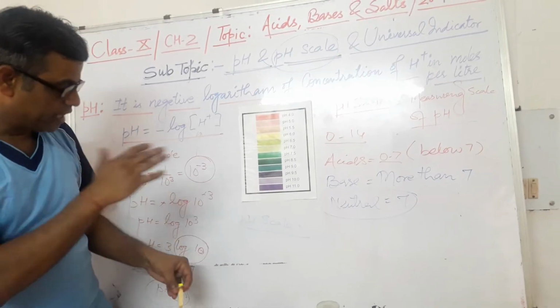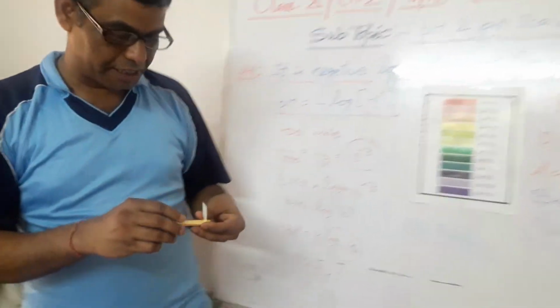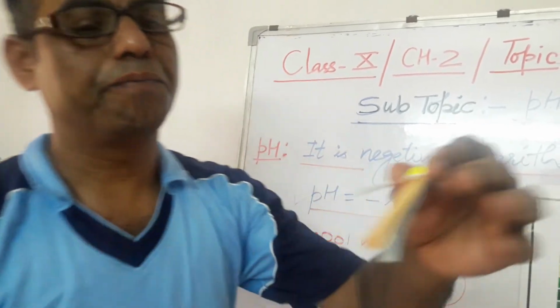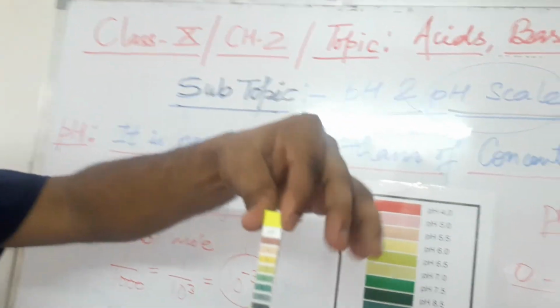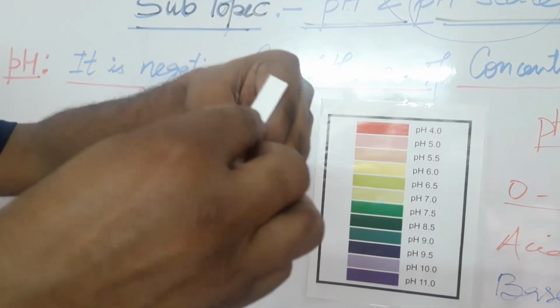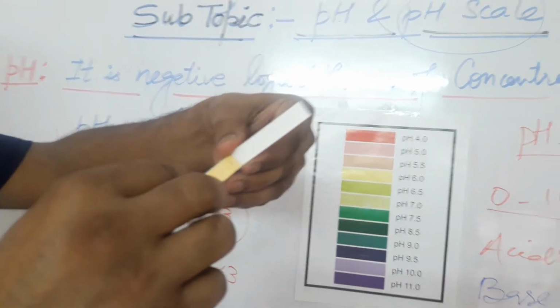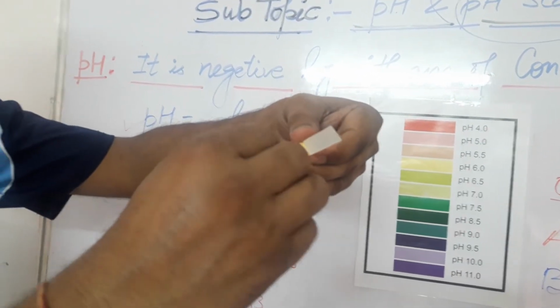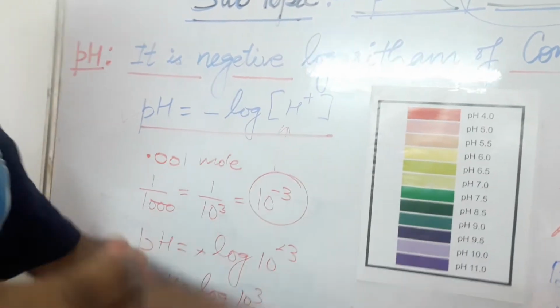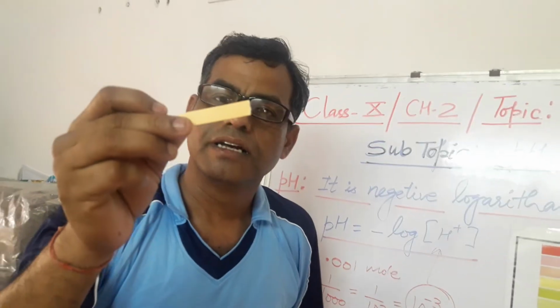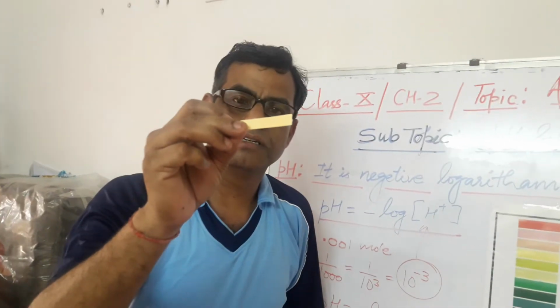Now practically, dear children, this is the pH scale here, and inside it the paper you are observing is just like litmus paper. I am turning it up, and this is the litmus paper you might have seen earlier.